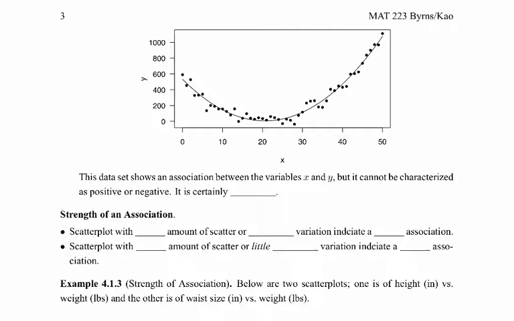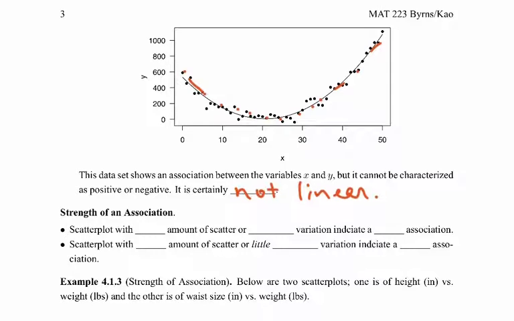This almost looks like a parabola. The points start to decrease and then they kind of increase. So for this one, we can say that this is not linear. For this class, since we're just an intro class, we're going to keep it simple. Everything we're going to look at is going to be a linear trend. But I want you to know that it doesn't have to be linear in the real world. And if you go into Stats 2, you'll see some situations where they're not linear.